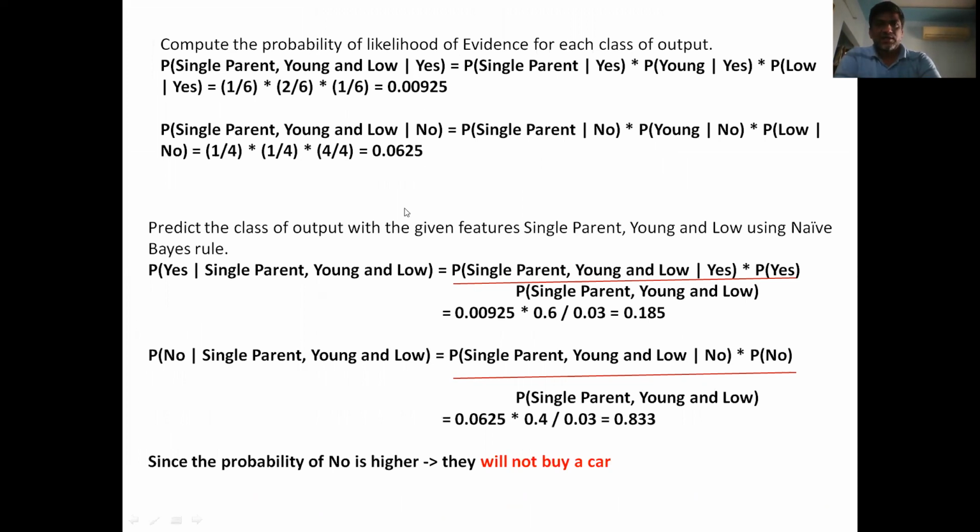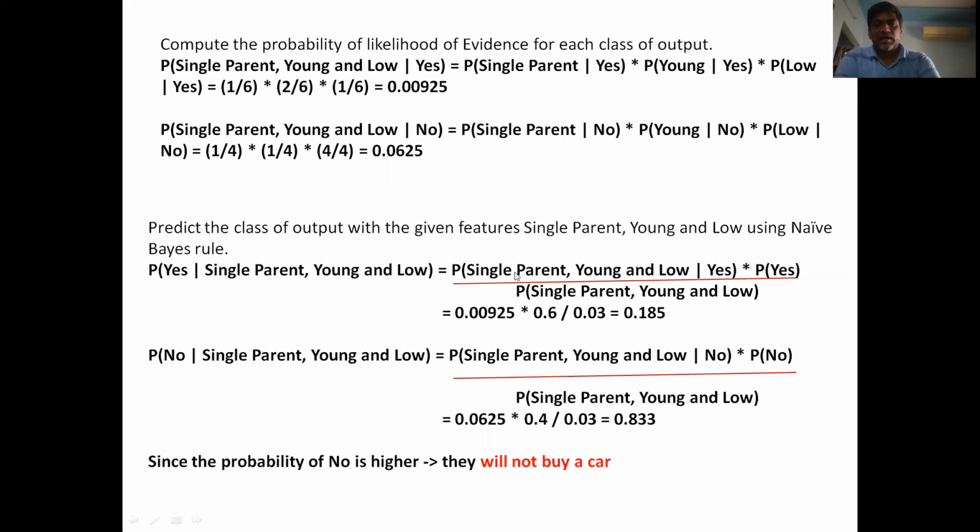Okay. So this is the crucial step, calculating the probability of likelihood of evidence for each class of output. Once we calculate this, we are ready to predict the class of output for the given features, single parent, young and low, with the help of the naive-Bayes classifier rule. The formula for the naive-Bayes classifier rule is probability of yes given these features, which is equal to probability of the given features given yes into probability of yes by probability of single parent comma young and low.